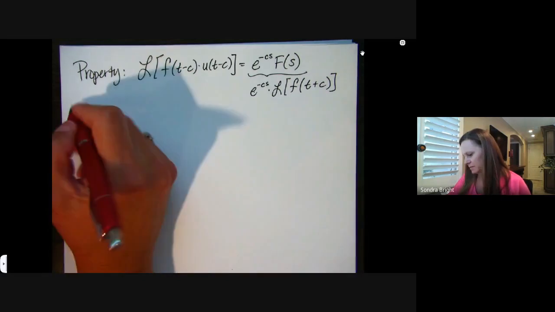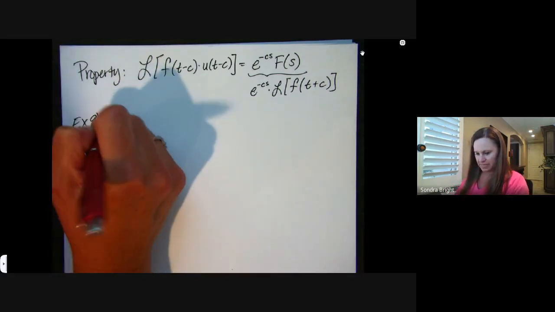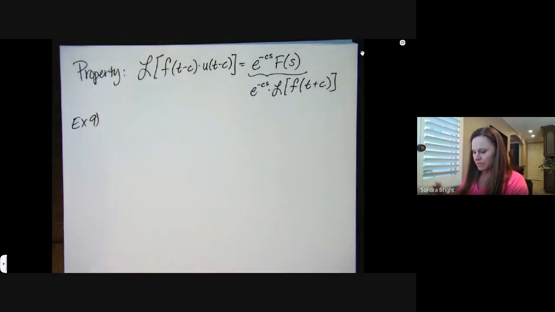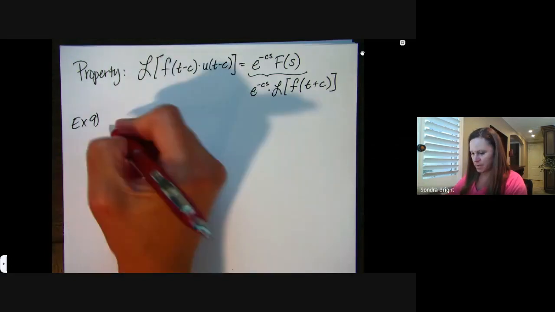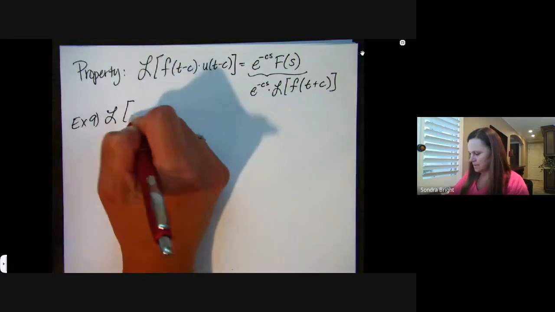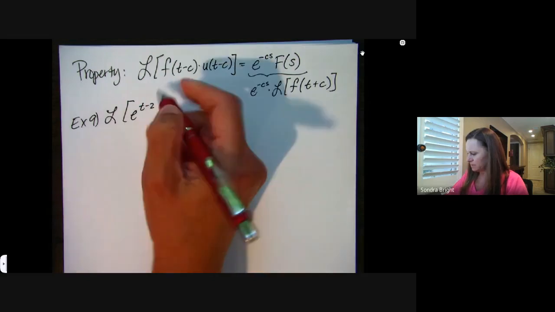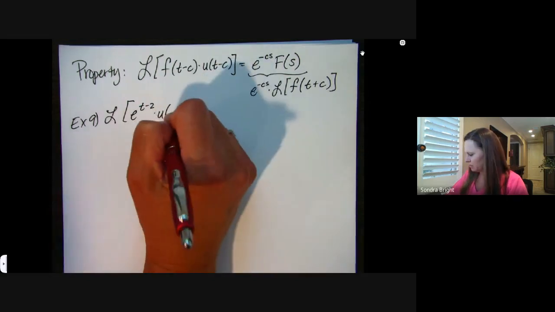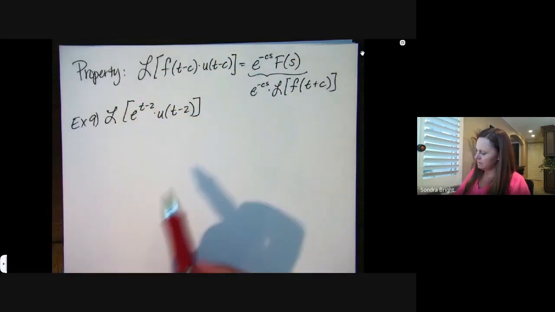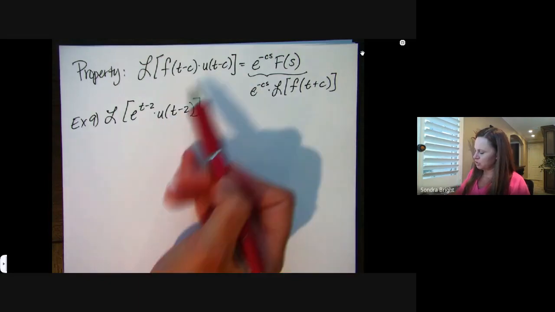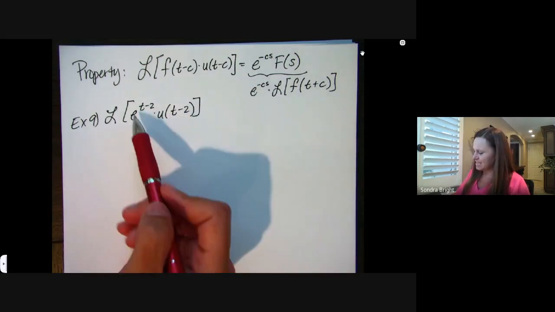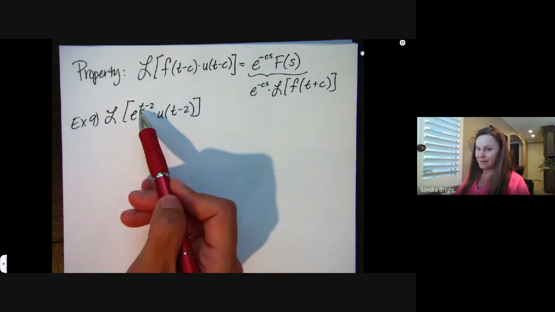All right, so let's practice some, and then hopefully it'll make sense to you. Okay, we're going to find the Laplace transform of e to the t minus 2 times u of t minus 2. So you see you've got the u of t minus 2, and this is e to the t minus 2.